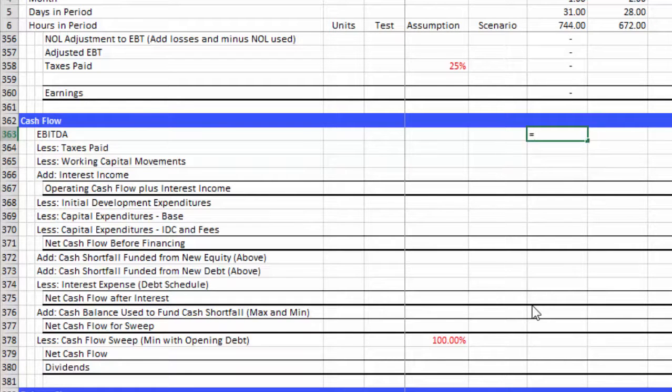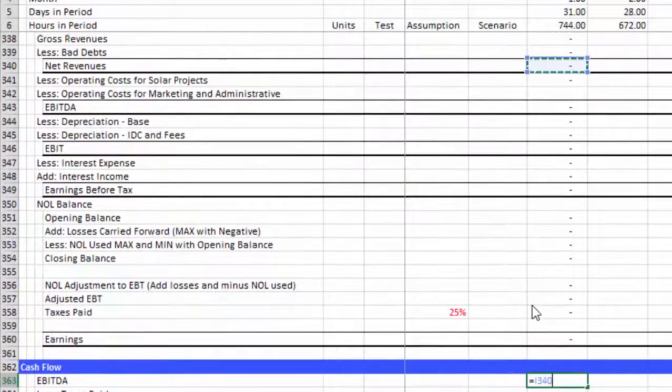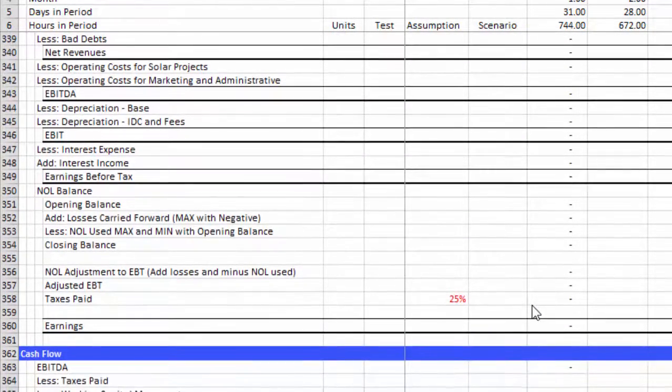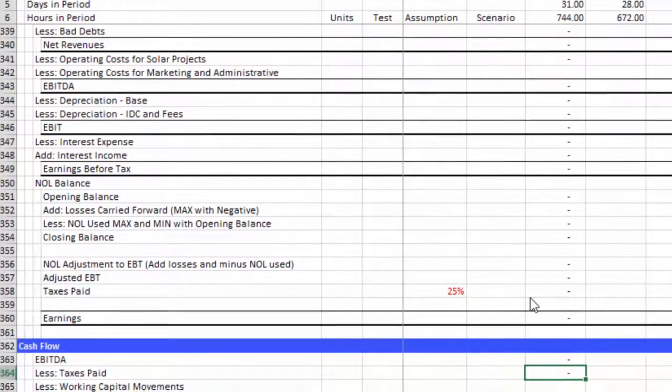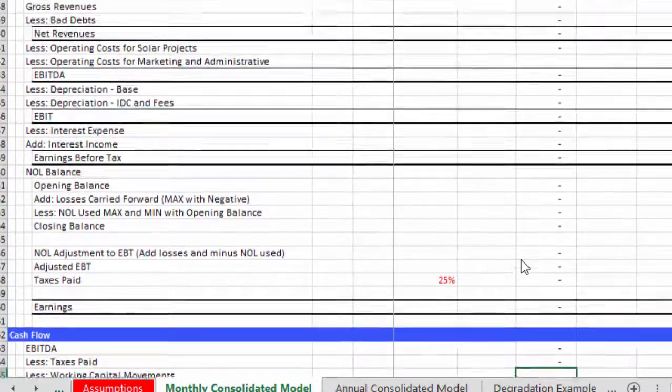Okay, so let's just fill this in, and that's going to be circular references with IDC in this situation, I think. Now we just put the taxes paid, so we have the EBITDA and the taxes paid, and the working capital movements we've already got computed.